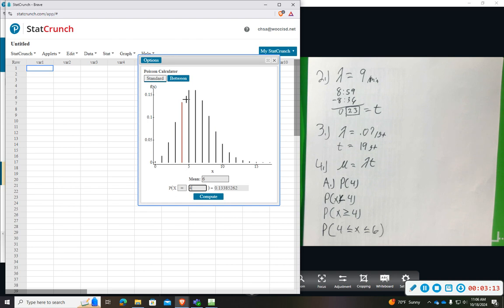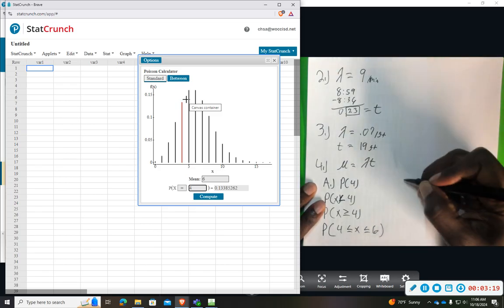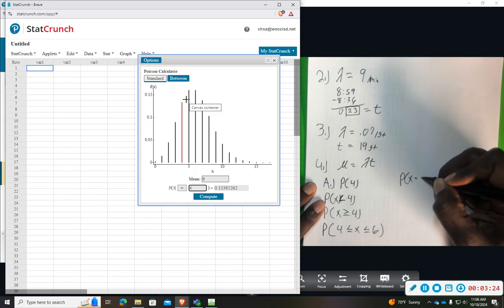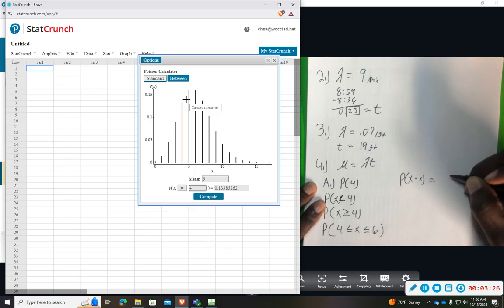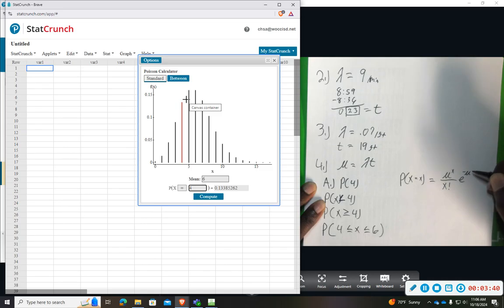And so when you do that, it's going to apply this to the Poisson formula. So we're not using the formula, but if you want to recall, probability x is equal to some x value was equal to the mean, lambda t, to the power x over x factorial, and then we have e to the negative lambda t.